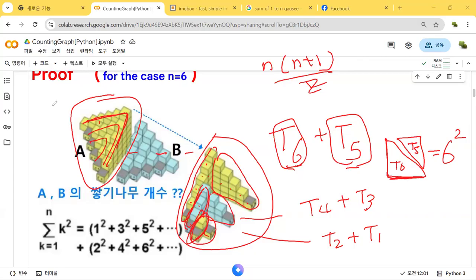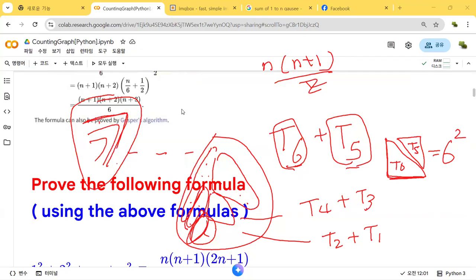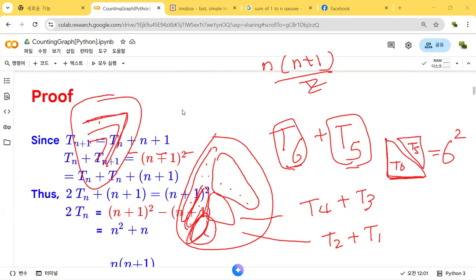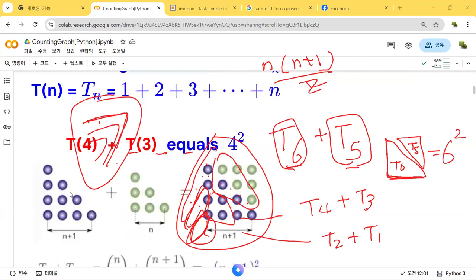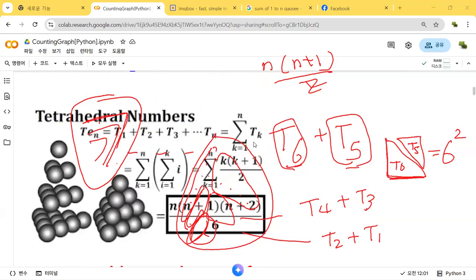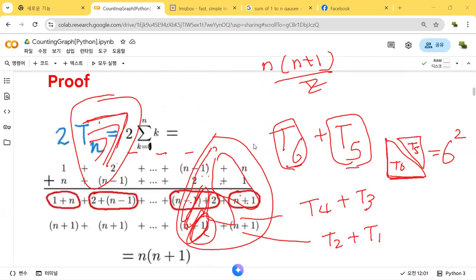Remember? So we consider this one here, this kind of intuitive figures like that, okay.